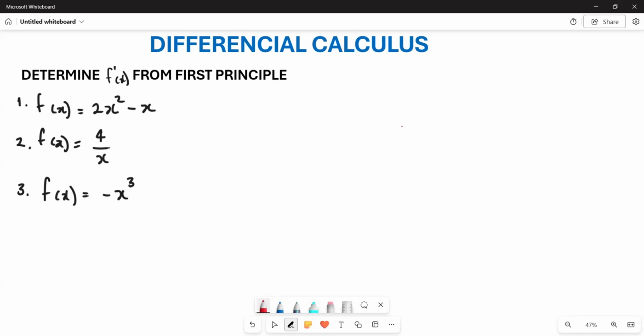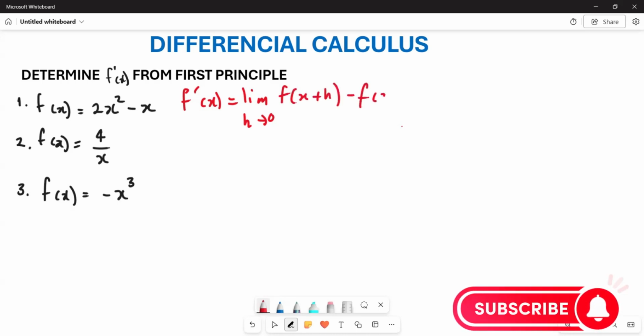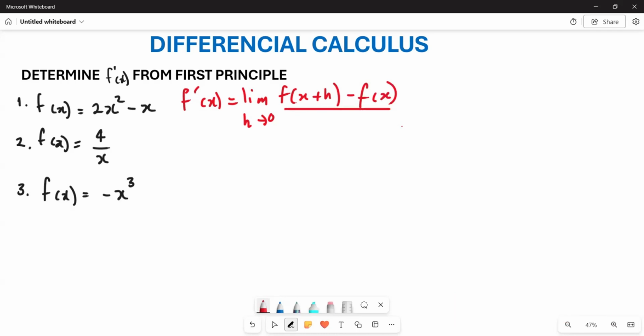It is important to note that before applying any first principle, you need to first write the formula, which is: the first derivative of f(x) equals the limit as h approaches 0 of f(x plus h) subtract f(x), all over h.